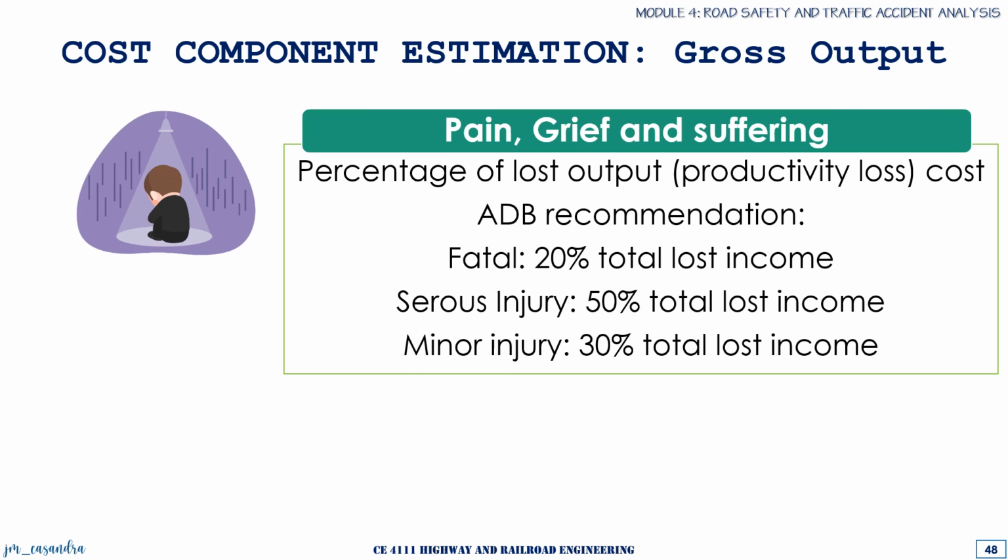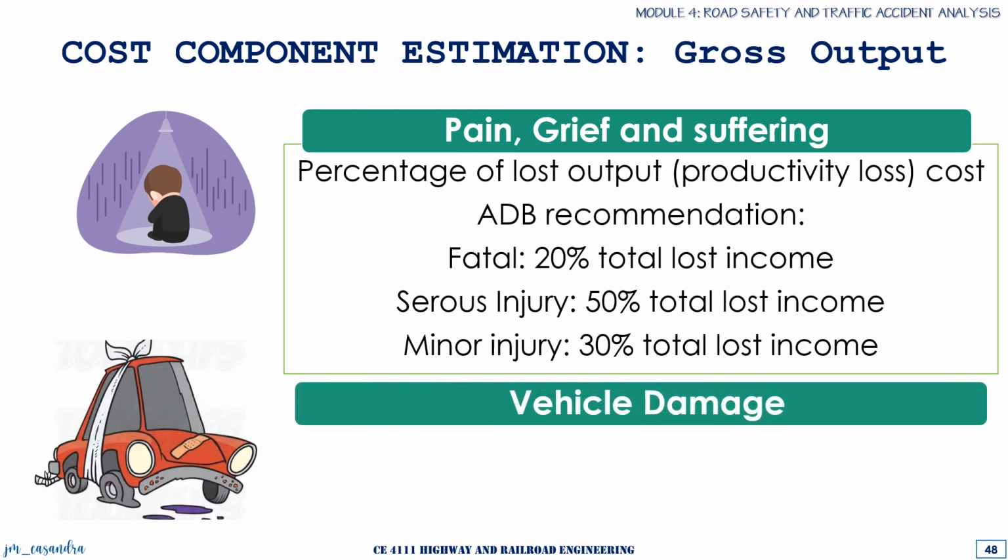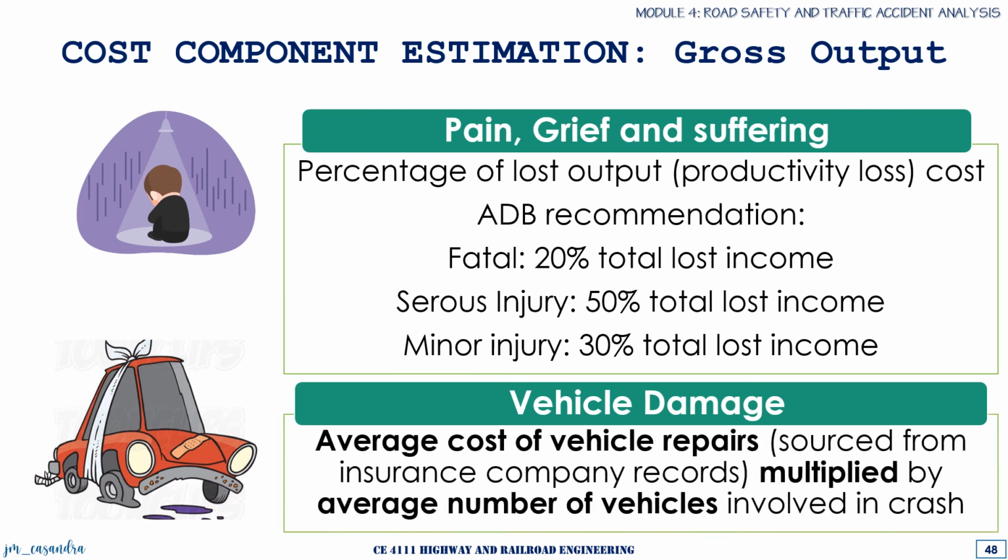For serious injury, it will be 50% of the total lost income. And for minor injuries, it is 30% of the total lost income. Then we have vehicle damage or property damage, which is the average cost of vehicle repair, sourced from insurance company records, multiplied by the average number of vehicles involved in the crash.